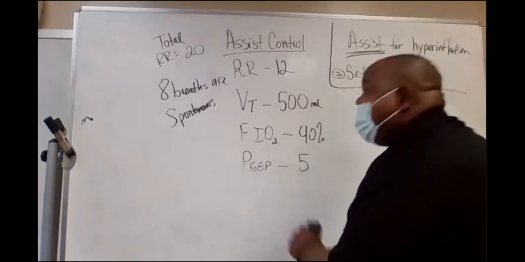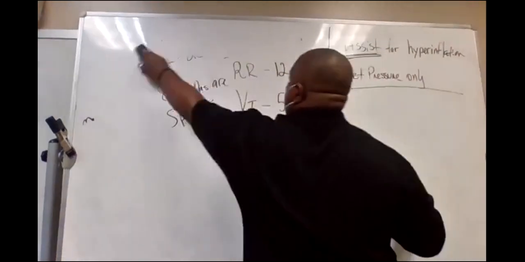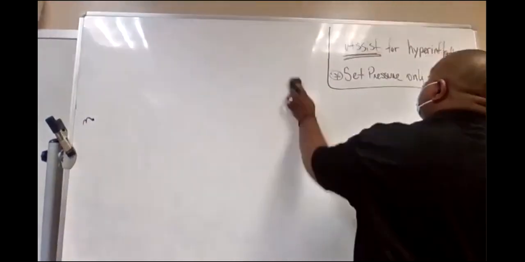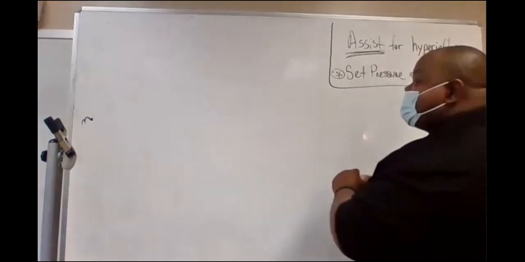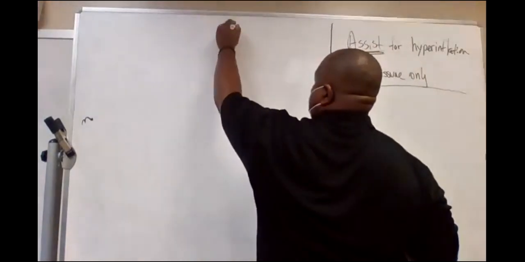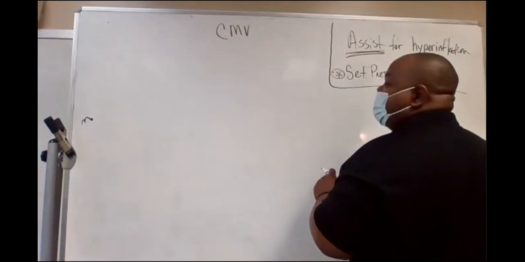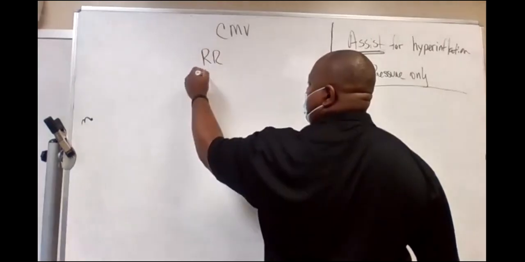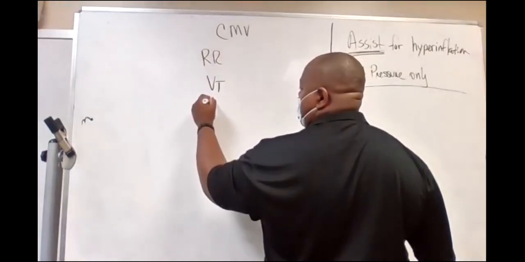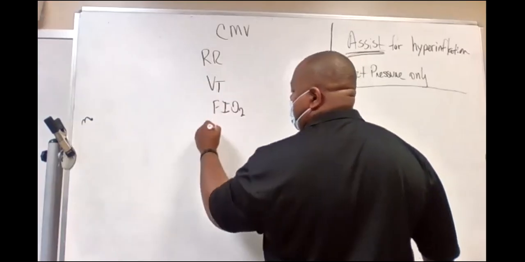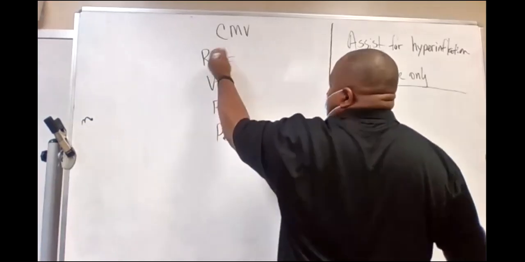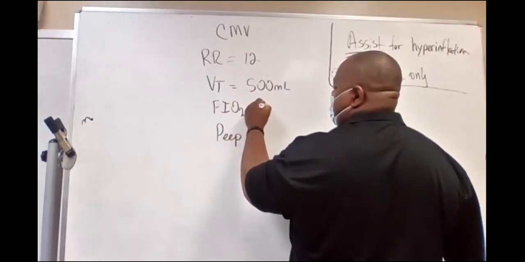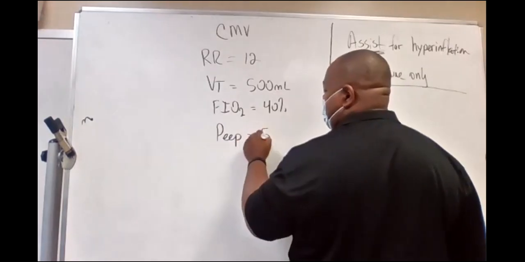All right. The next one is control mode. Now, control mode was found to be a little cruel, right? Because in control, which is CMV, controlled mechanical ventilation, you're going to have a rate, respiratory rate, a tidal volume, FiO2, and a PEEP. So just say I got them set at 12, 500, 40%, and 5.